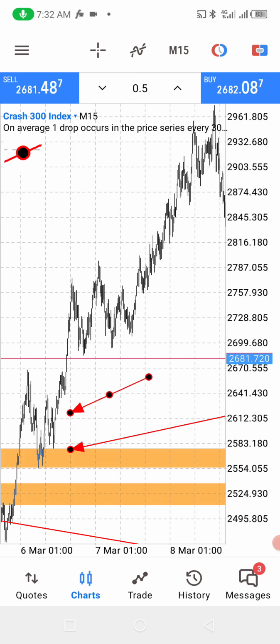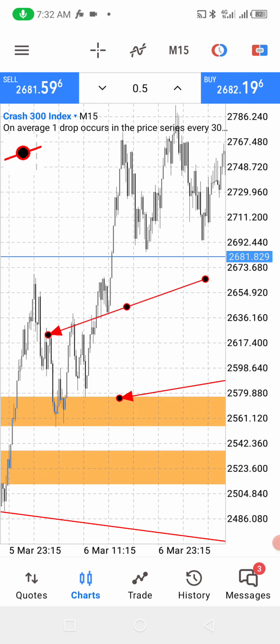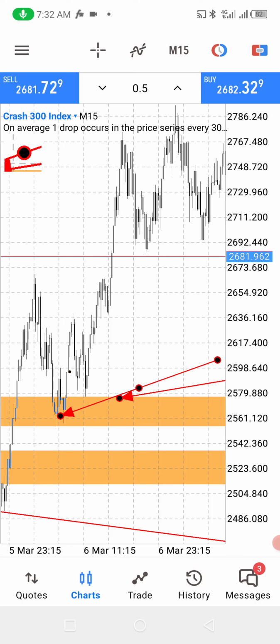Okay. You look for break of structure. You see that there is break of structure here. There is break of structure there. You see, the market breaks out of this and retests.